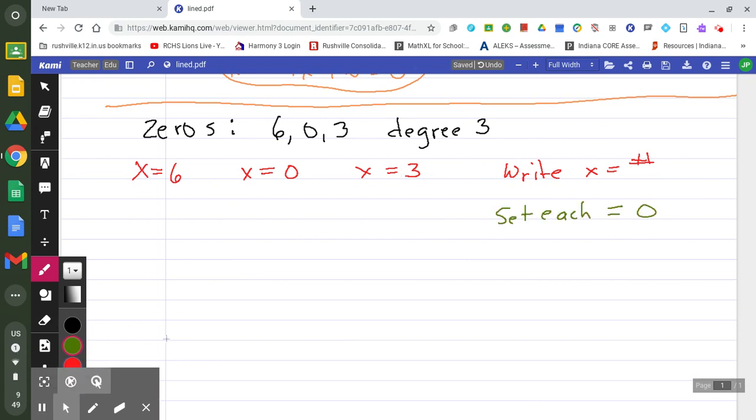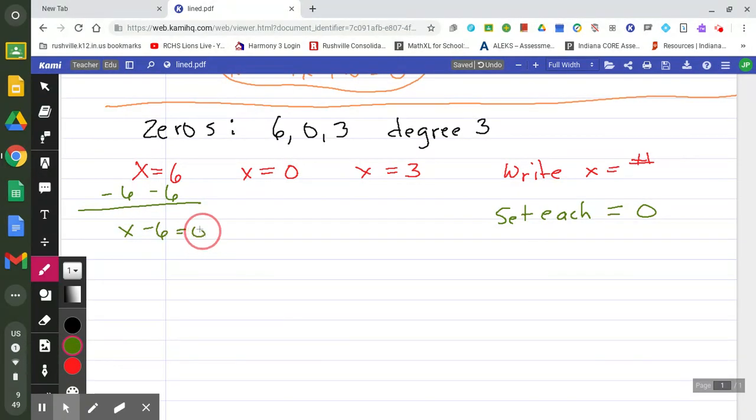So then the next step, we're going to set them equal to 0. So that means that we have to do minus 6 on both sides of the equal sign for this one. So x minus 6 equals 0. This one already is solved for 0. This one, minus 3 on both sides of the equal sign. So x minus 3 equals 0.